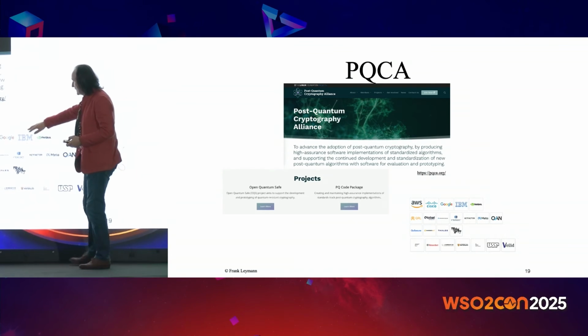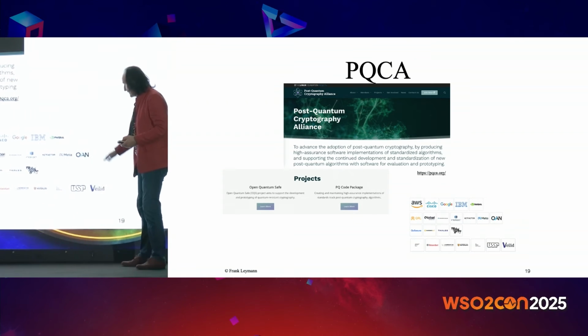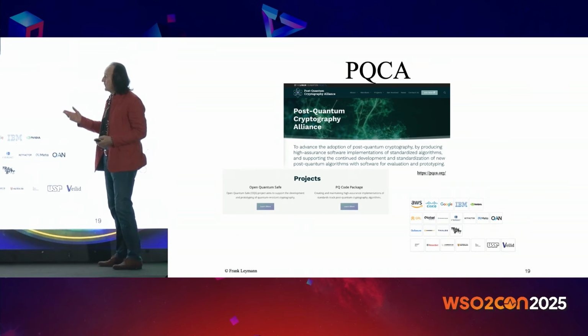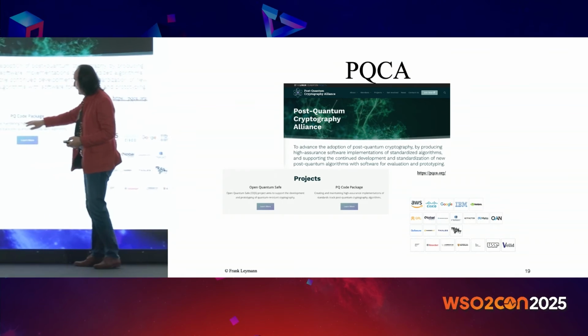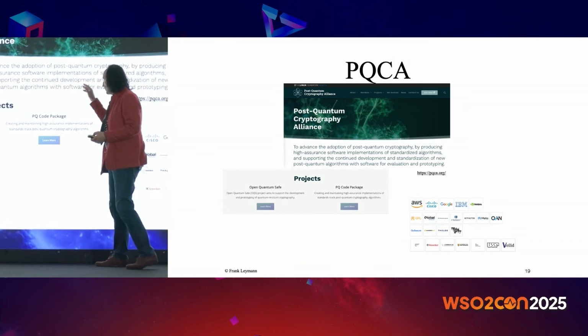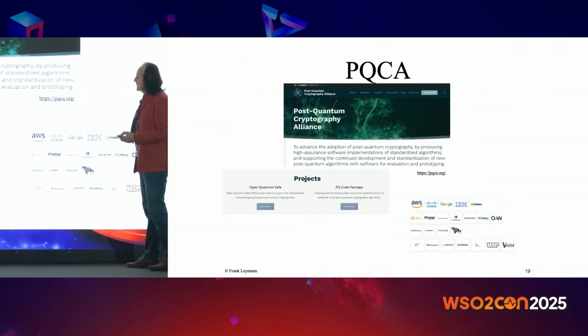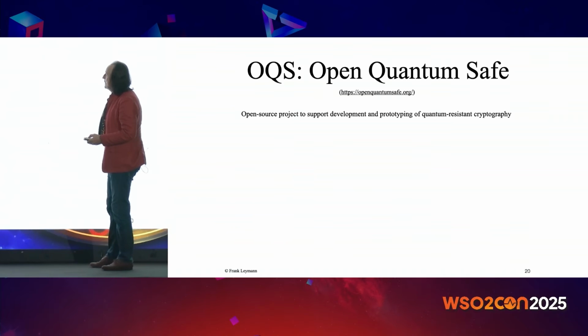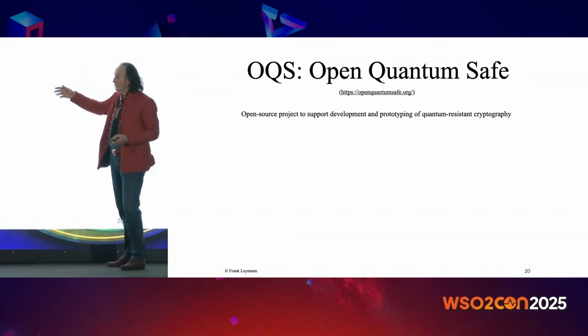And there's an industry consortium called PQCA, the Post-Quantum Cryptography Alliance. It has members like Amazon, Cisco, Google, IBM, NVIDIA, and many more that are written here. And they maintain 2 fundamental projects. One is called the Open Quantum Safe project. One is called the PQ Code Package. Different. I will work a little bit on Open Quantum Safe. Open Quantum Safe is an open source project maintained by the companies you saw before.